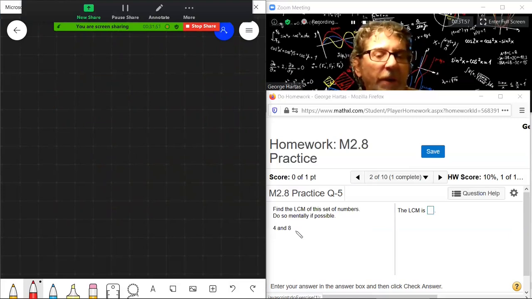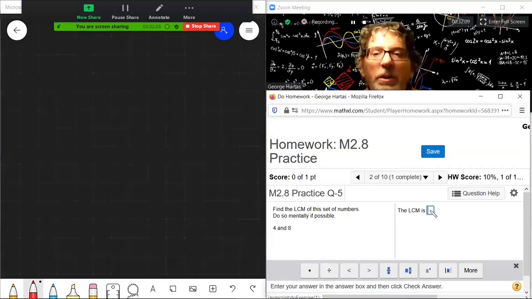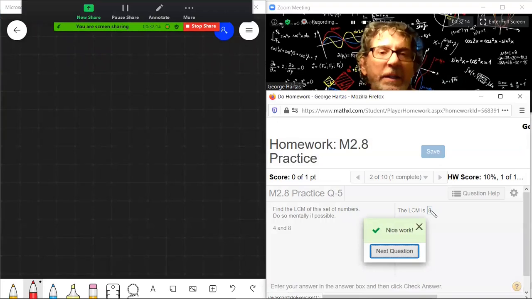It is, because 4 goes into 8 and 8 goes into 8, right? Both the 4 and the 8 go into 8. So in this case, 8 is the LCM, since both the 4 and the 8 divide into that other 8, the LCM 8.